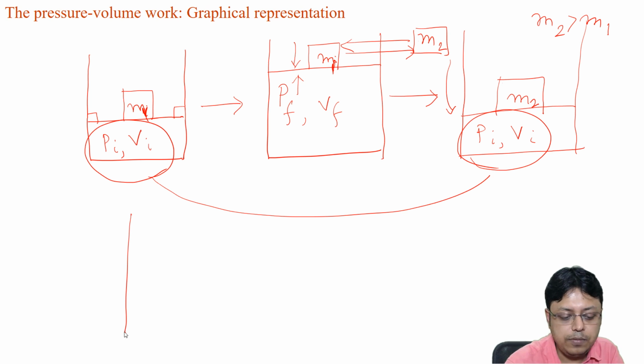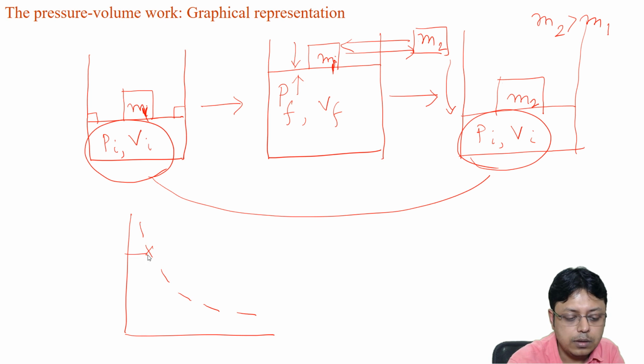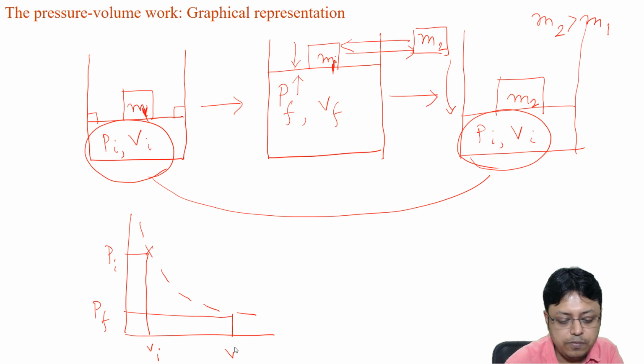So on the PV isotherm, what we are saying is that during the expansion we started from this state, P initial V initial, to this state, P final V final, and the work done by the system, which is a negative work, was equivalent to this.